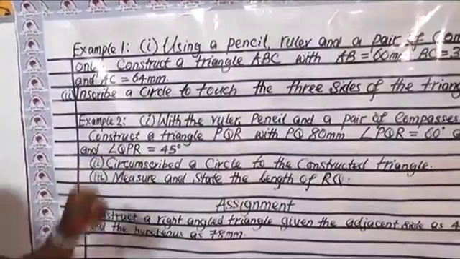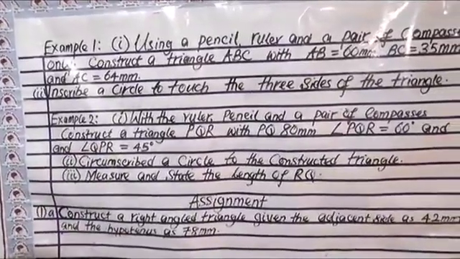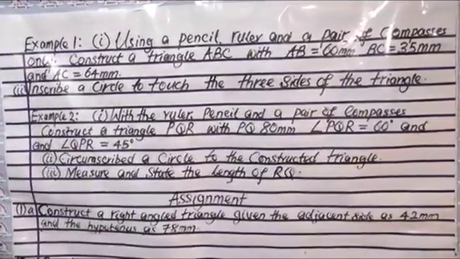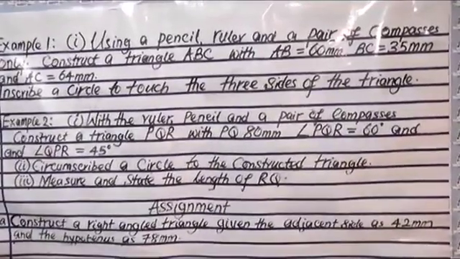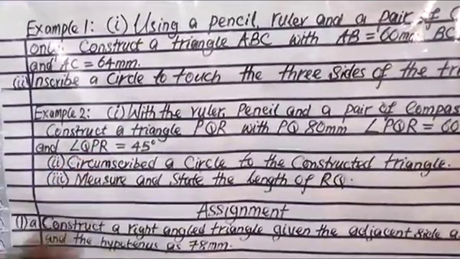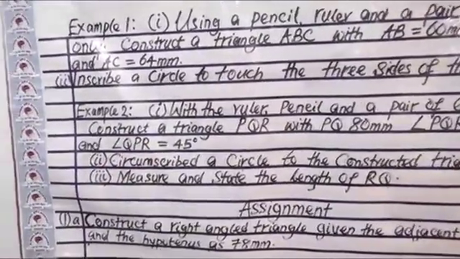Now it says, with your ruler, pencil, and a pair of compass, construct a triangle PQR with PQ 80 mm, angle PQR 60 degrees, and angle QPR as 45 degrees. Alright, so the normal thing, you make a rough sketch first.